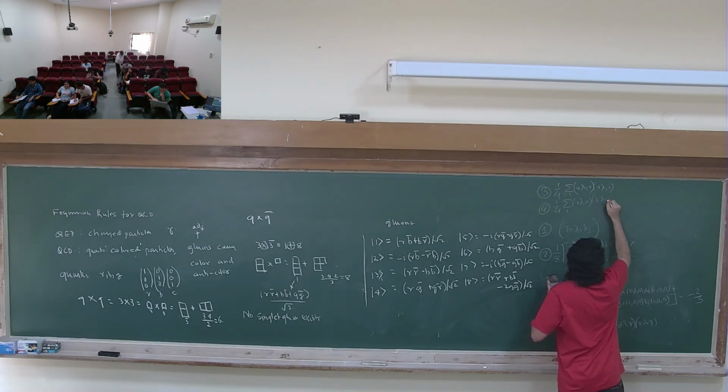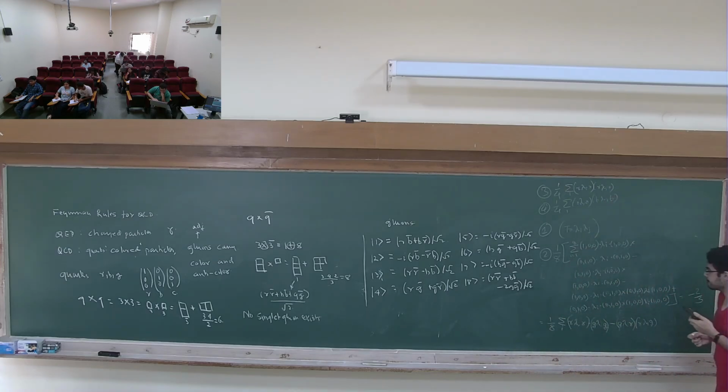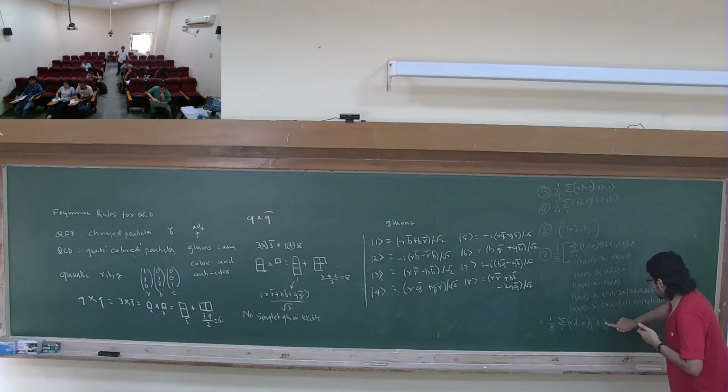So you have to do it for each one of them, for the R, for the B, and then for the G. That is what is being done. I think you have to check what is being done.